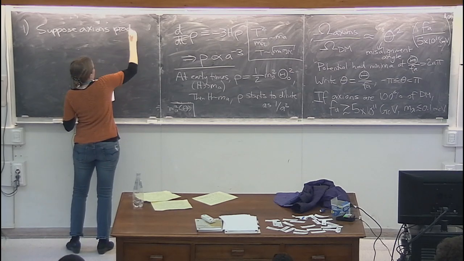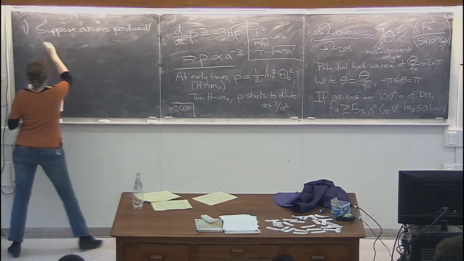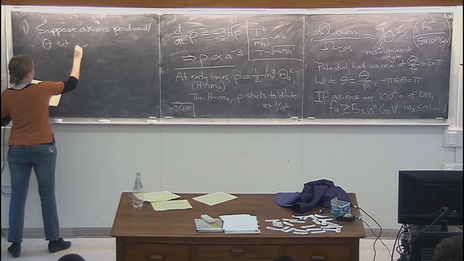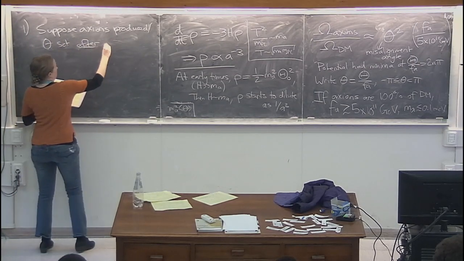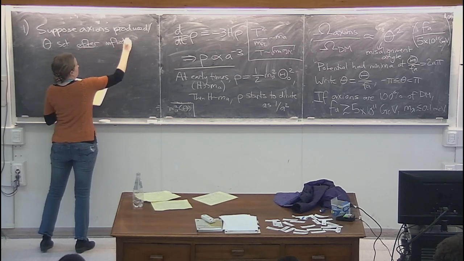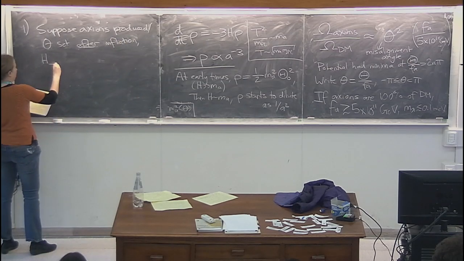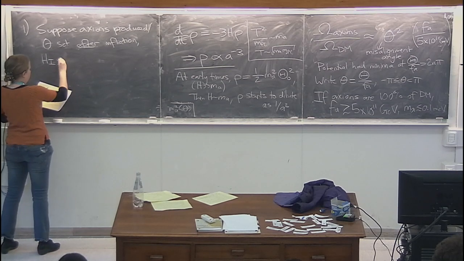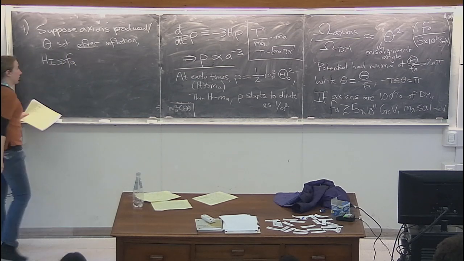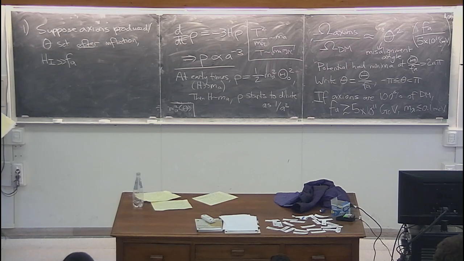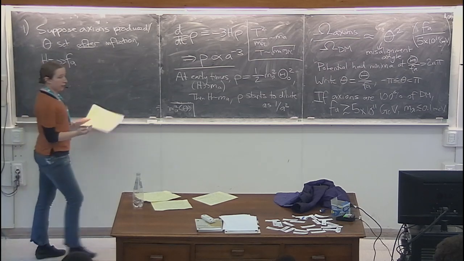So if the scale of the physics producing the axions is at F_a, that would mean that the scale of inflation is much larger than F_a. Well, then we know that after inflation, the part of the cosmos that we can see today consisted of tons of different causally disconnected patches, right?